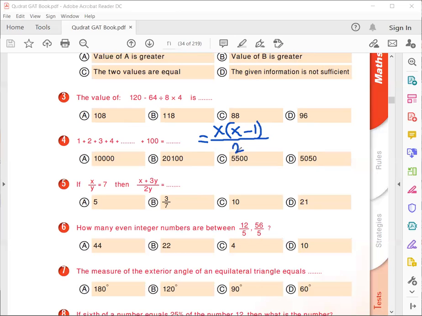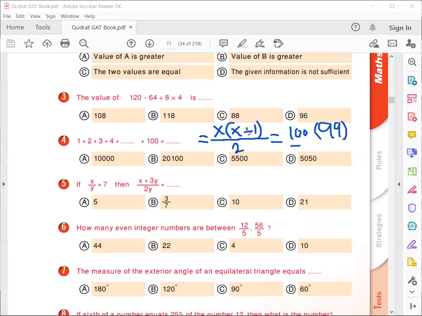Now X, the last number, is 100. You write it here, 100 multiplied by 100 minus 1, it is 99.